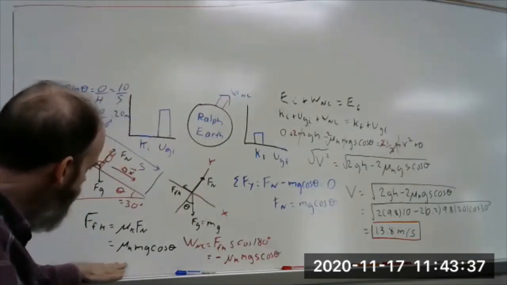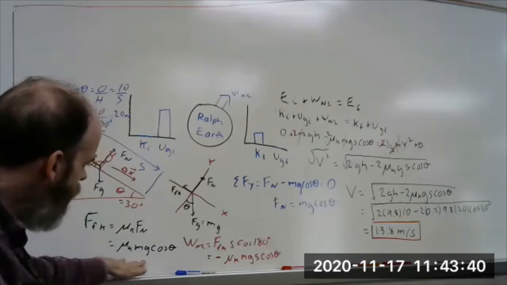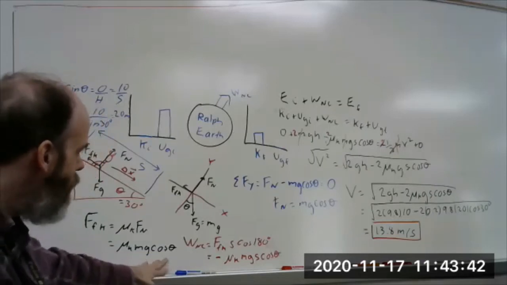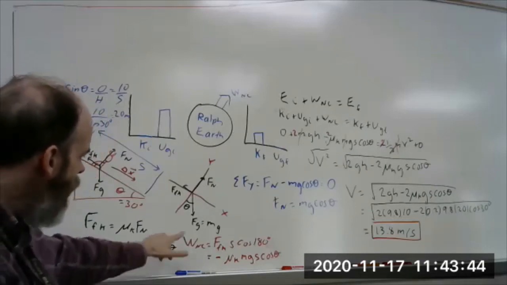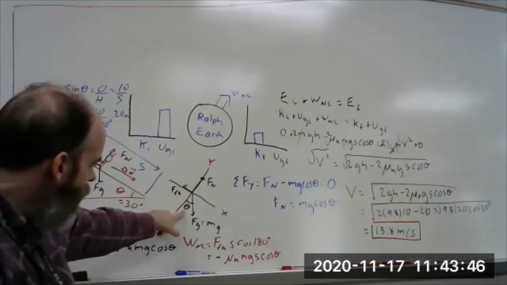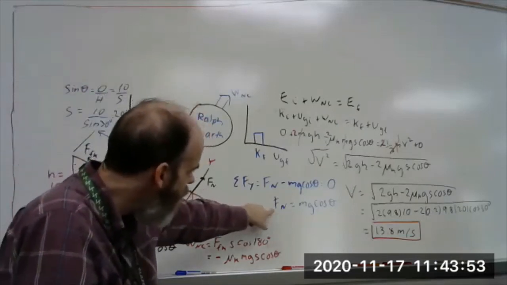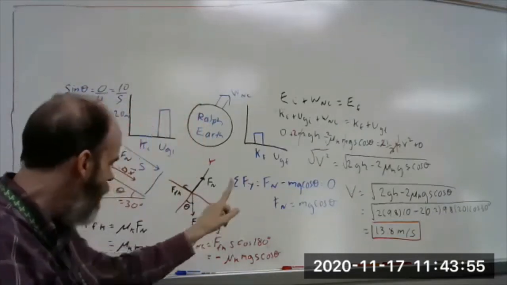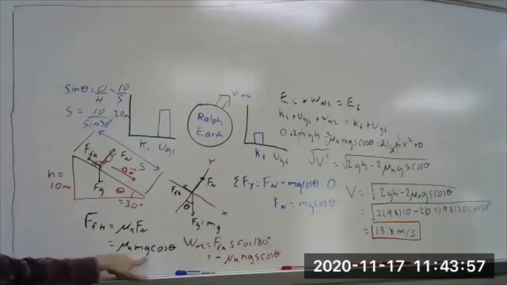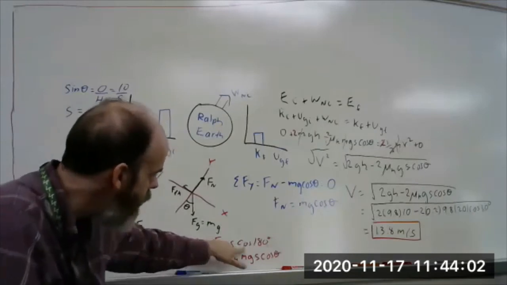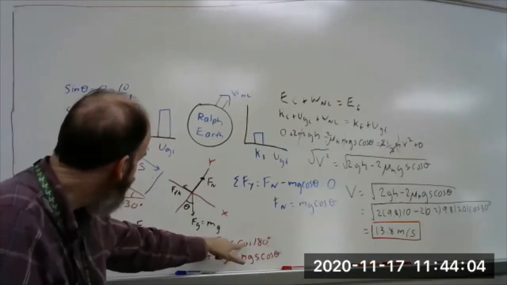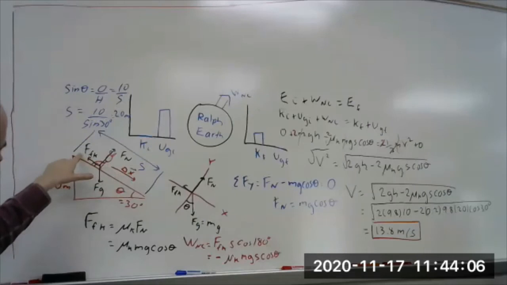I don't think so. I think we just have one cos theta here. It came from this. It's a component of the mg along the y-axis. Fn is mg cos theta. So we don't have another cos theta here. There is a cos 180 degrees here to take into account that delta x and force of friction are in opposite directions.